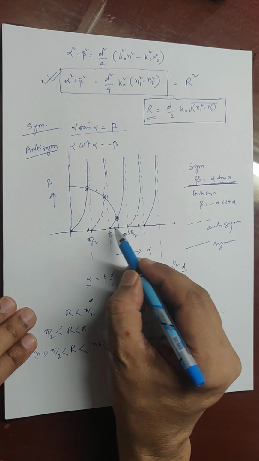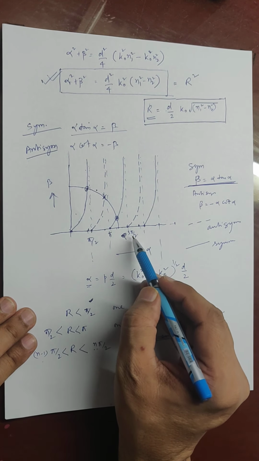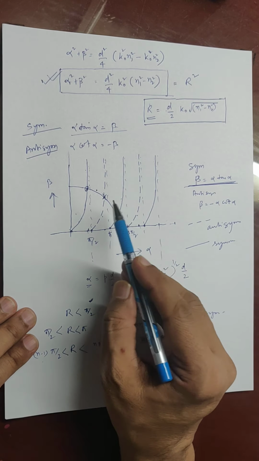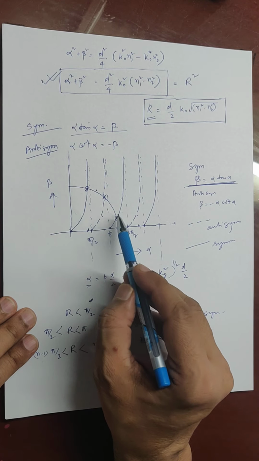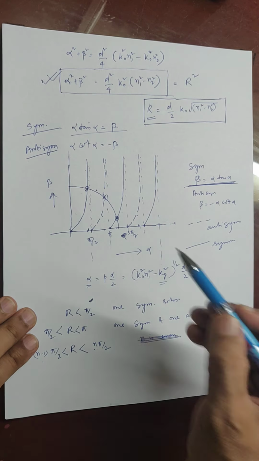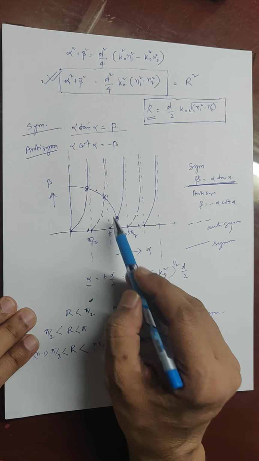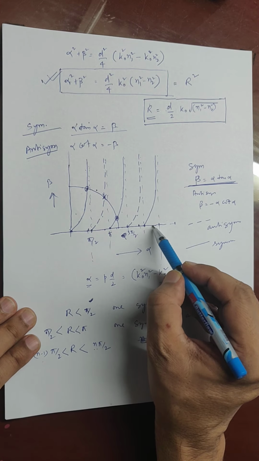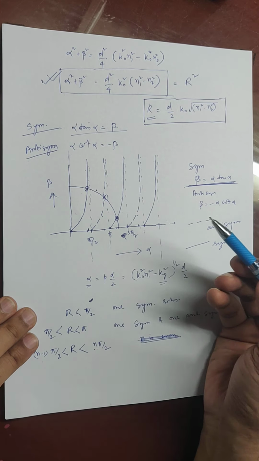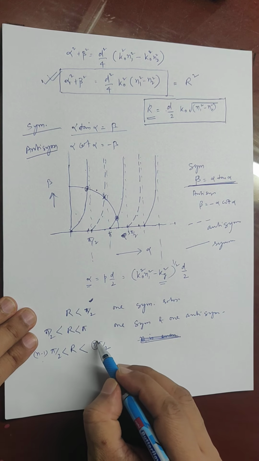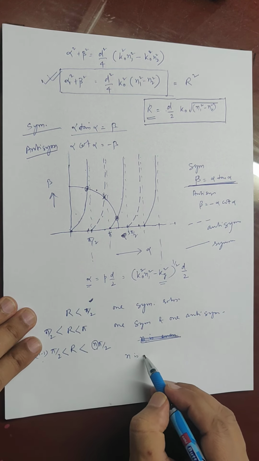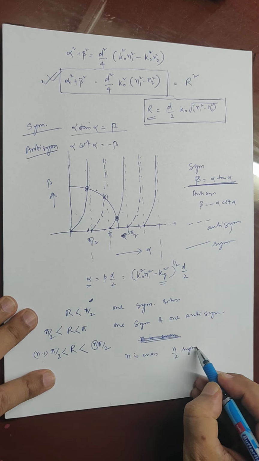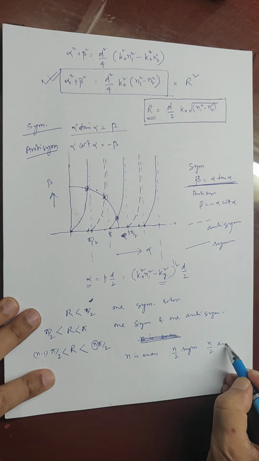R is between what and what. If it is less than 3 pi by 2, it will have 2 symmetric solutions, 1 antisymmetric solution. If it is 3, 2 and 2. If it is 2, then 1 and 1. If it is 4, 2 pi, then 2 and 2, and so on. So n would decide that if n is even, then n by 2 symmetric and n by 2 antisymmetric.